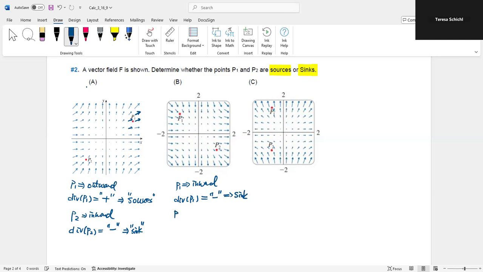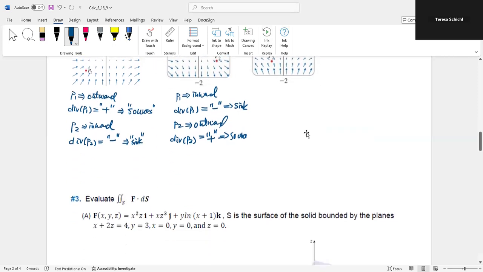And P2 here is outward, so the divergence at P2 is positive. If it is positive, then this is a source, because the flow is going outside. These are two very simple examples, and you can take a look by yourself at part C to see whether P1 is a source or sink, and whether P2 is a source or sink.